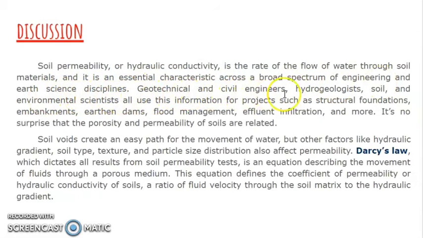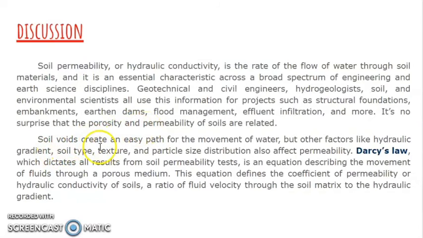Geotechnical and civil engineers, hydrogeologists, soil and environmental scientists all use this information for projects such as structural foundations, embankments, earthen dams, flood management, effluent infiltration, and more.